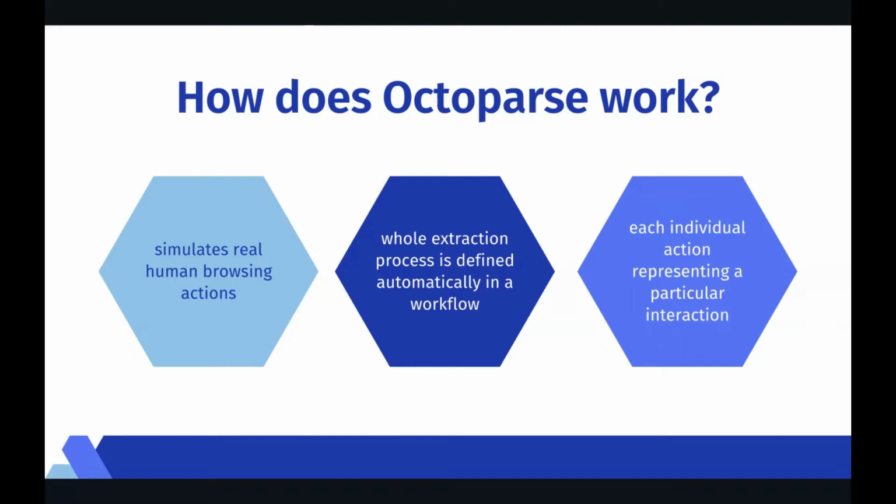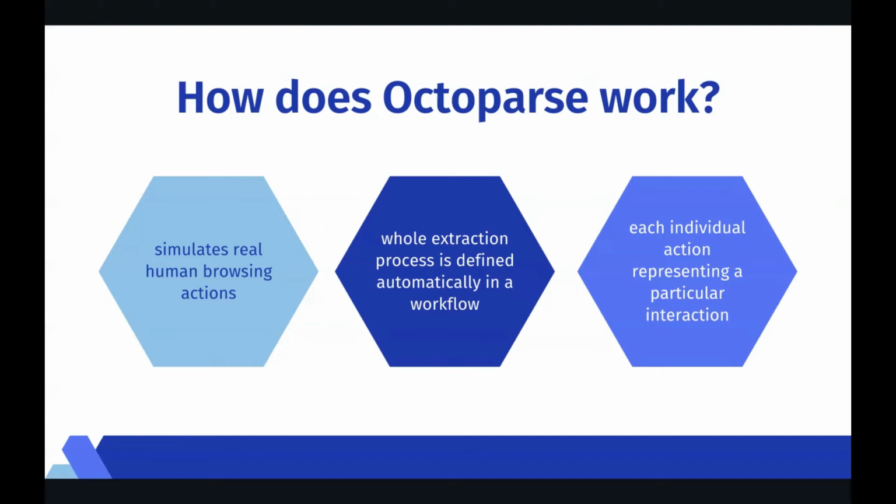This workflow, however, is created automatically by Octopus while you are interacting with the built-in browser and the tips panel. So in some cases, you may not need to modify the auto-created workflow, yet in other cases, you may need to build or troubleshoot the workflow manually if things are not working as expected.